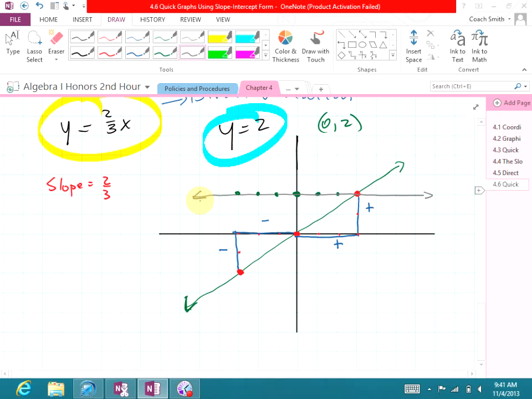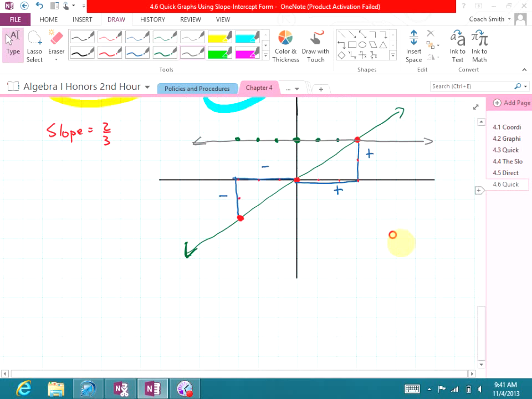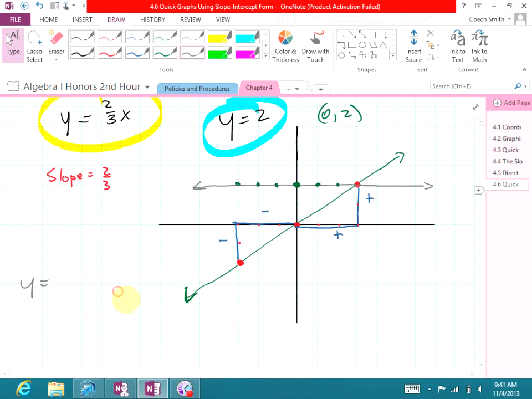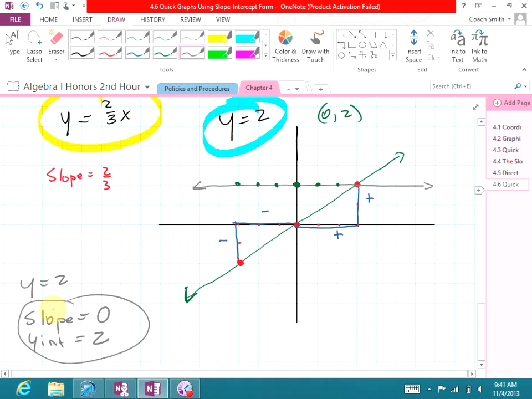So, any time that you have y equal something, like y equal 2, the slope is 0, and the y-intercept is already given to you, equals 2. Okay, and so if they ask for the slope and the y-intercept of that line, you're going to give those things.